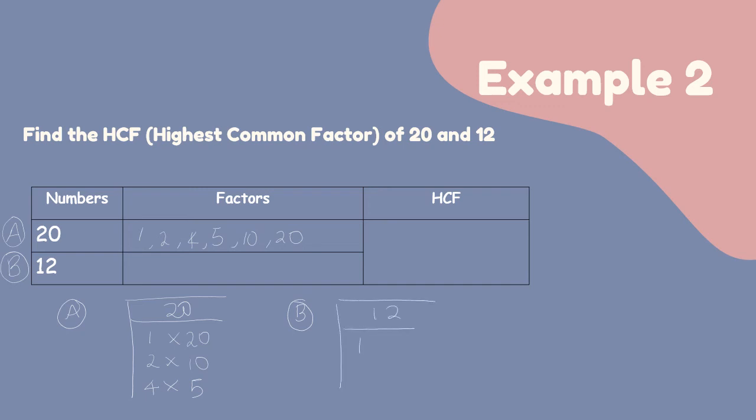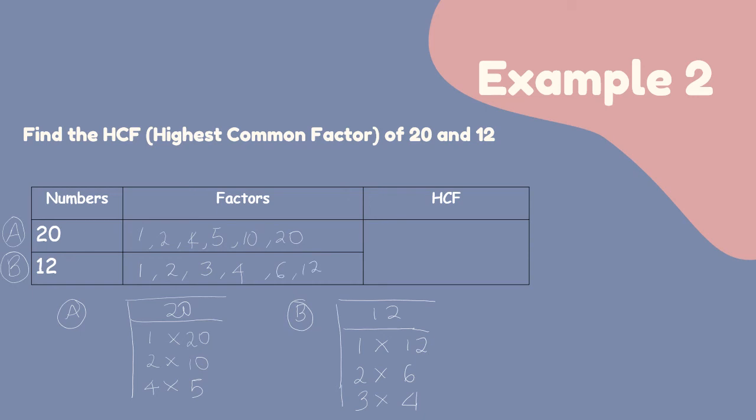Starting with 1 times 12. 2 times 6. How about 3? Do we have anything when you multiply it with 3 gives 12? 4. Then you're going to list out the factors of 12. 1, 2, 3, 4, 6, and 12.